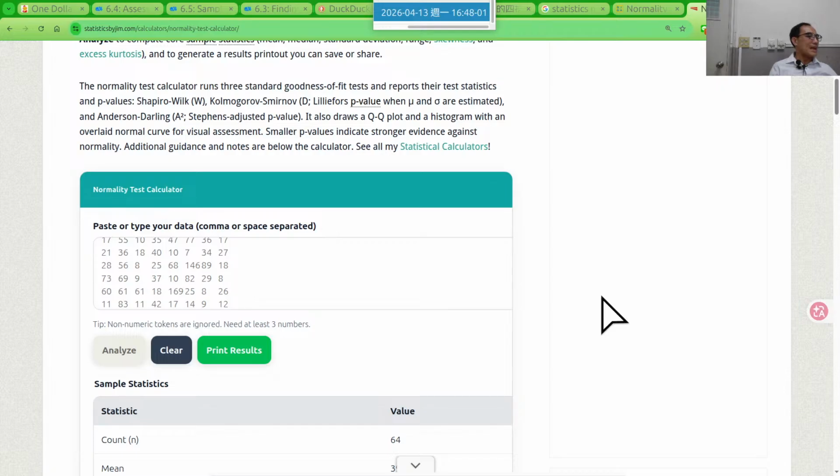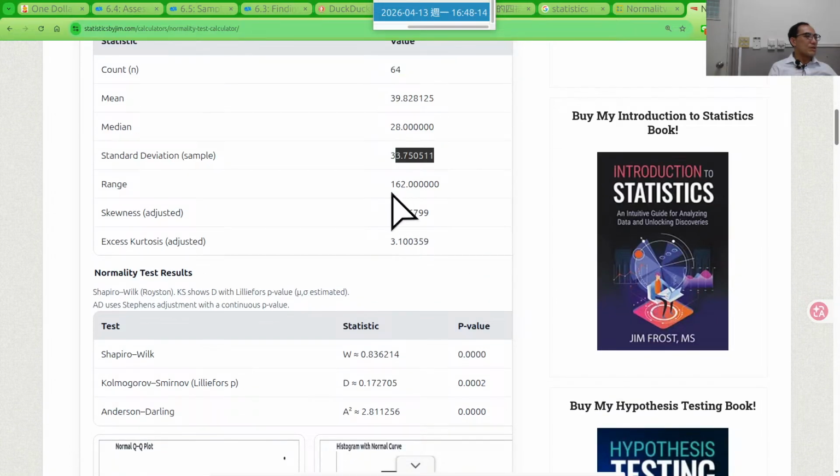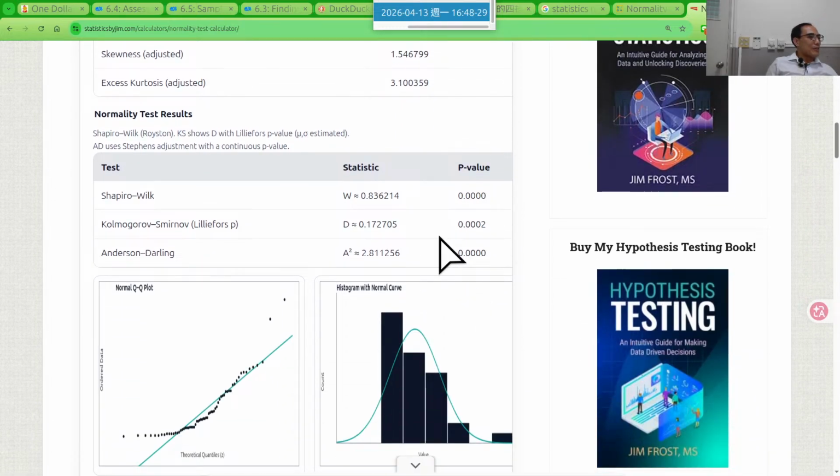We got the answer here. There are 64 values. The mean is here, the median is here, the standard deviation is here, and the range. What does the range mean? The biggest value minus the smallest value. And the skewness, we got the value here.